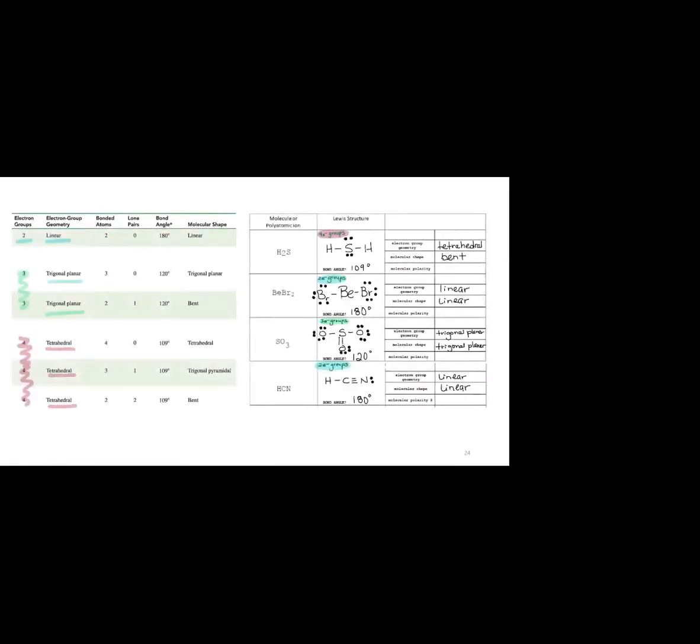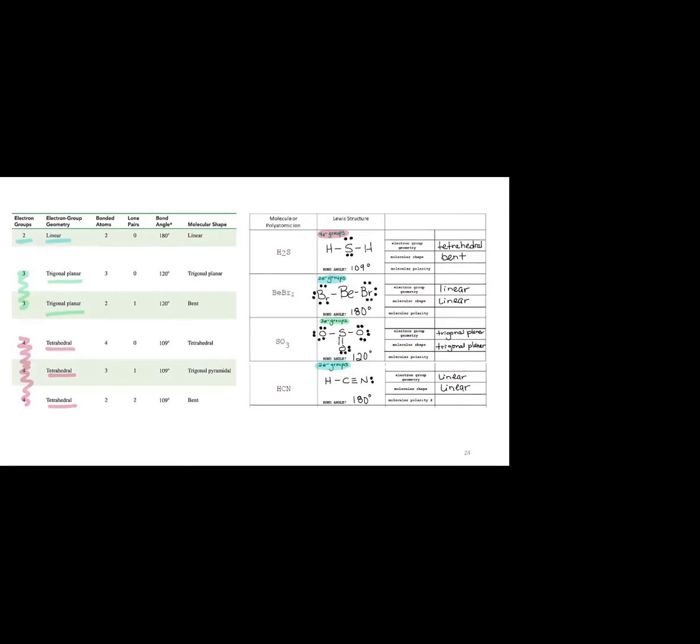So now that we know how to build the molecule, determine the electron groups, and find the electron group geometry, we need to find the type of bonds that are in there. Now we are going to focus on molecular polarity.